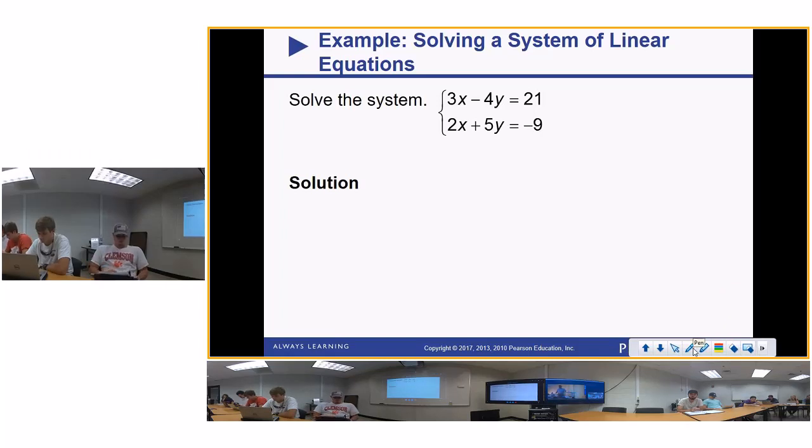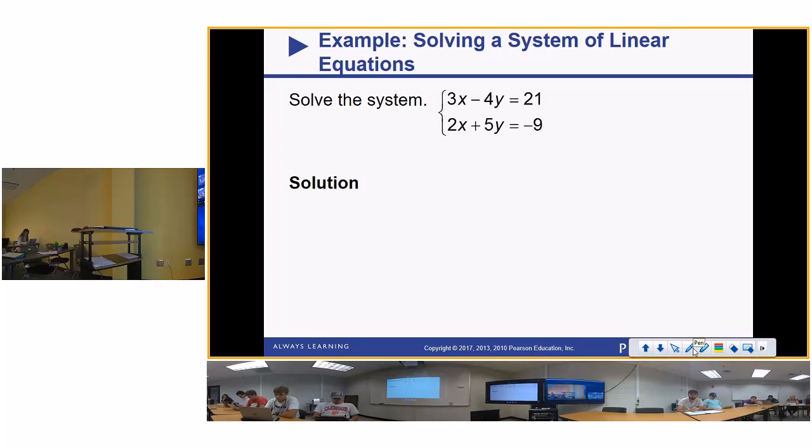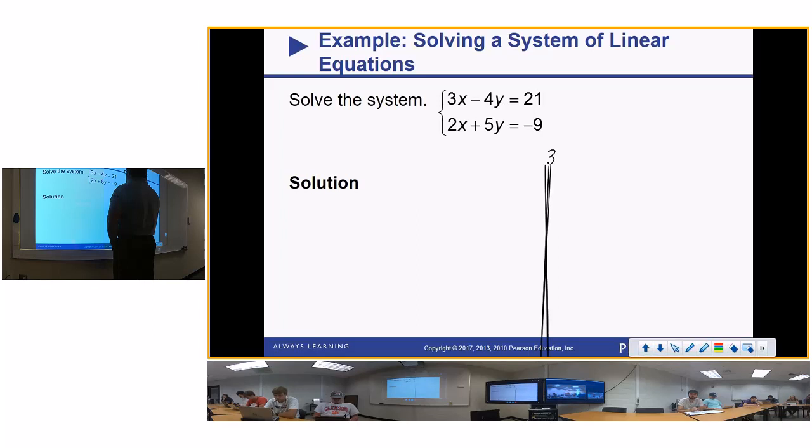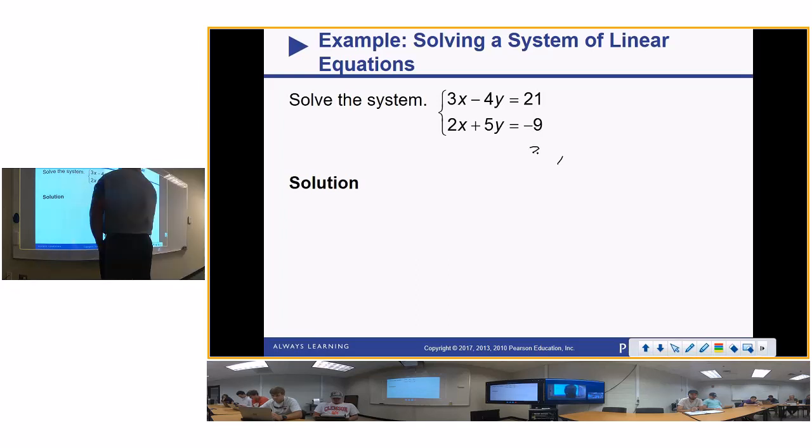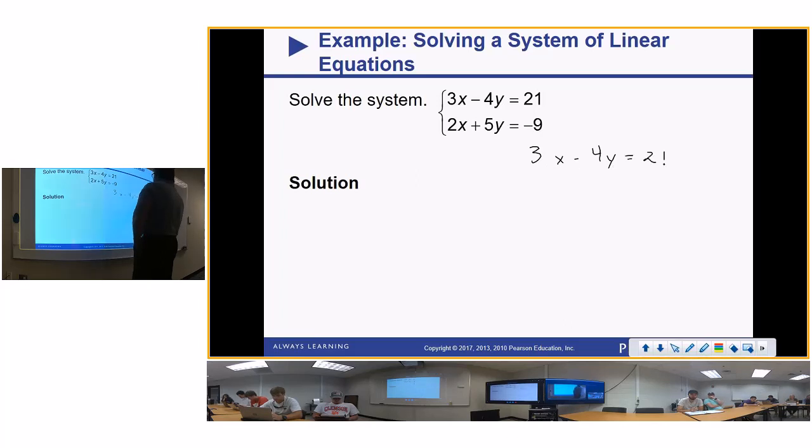So, I'm going to solve both for y. 3x minus 4y is equal to 21.